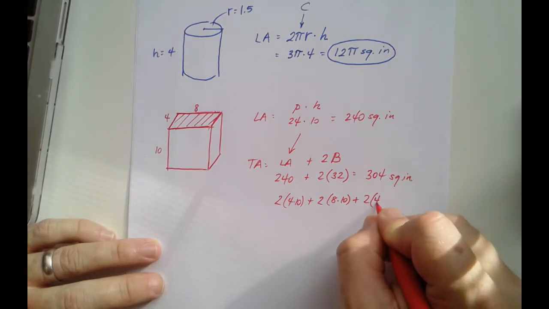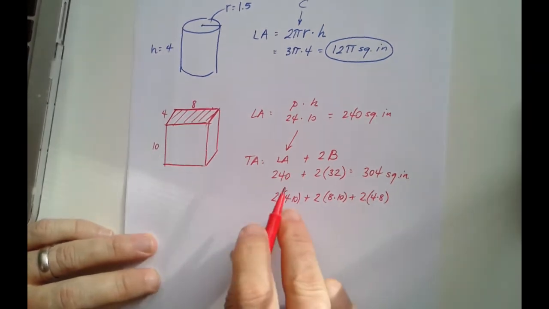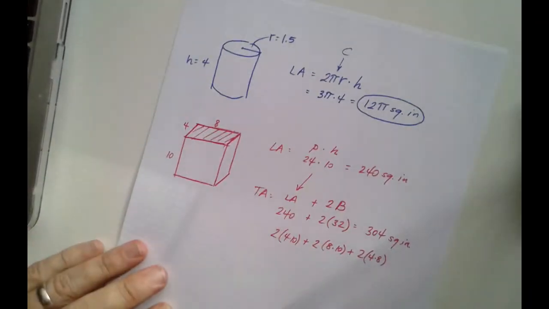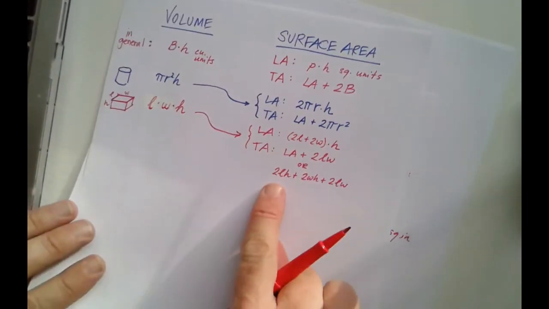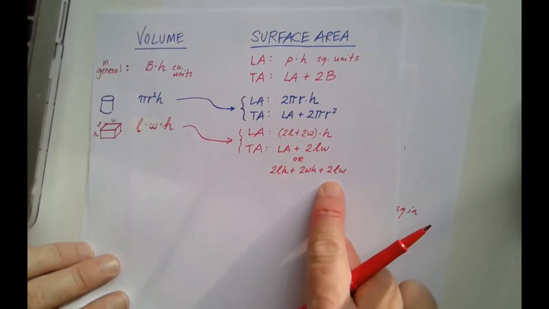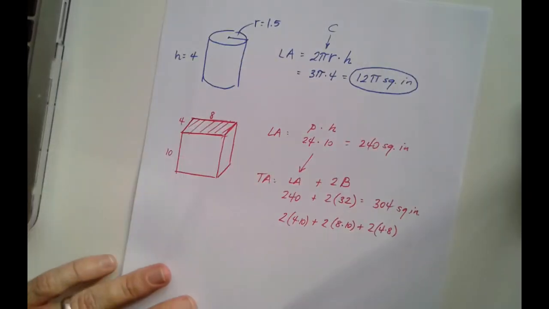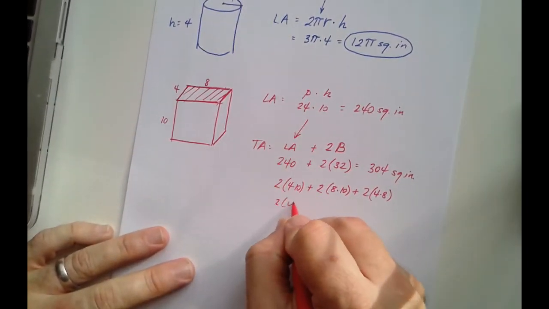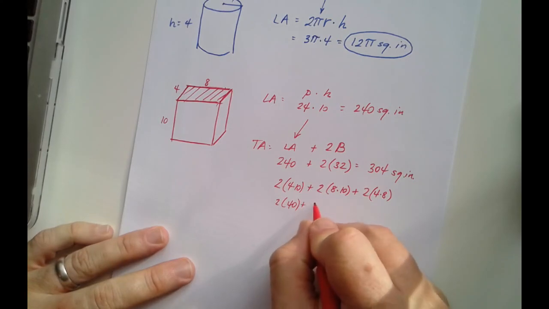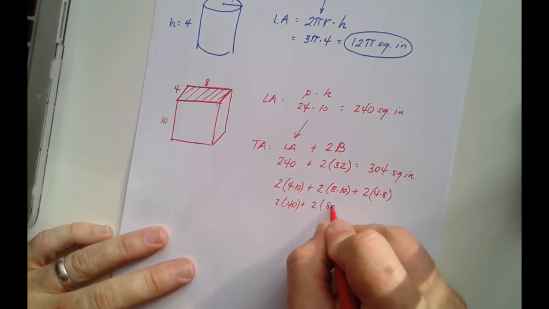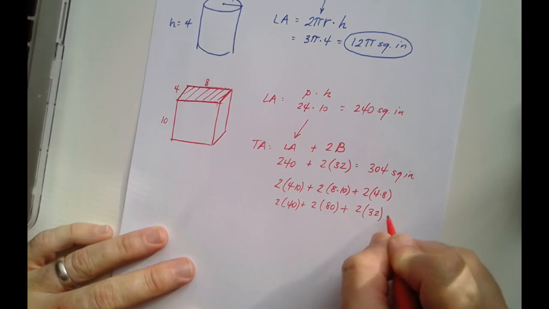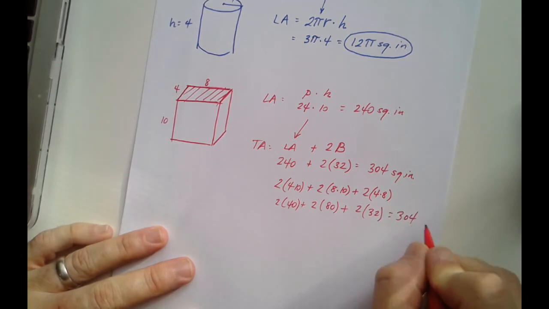I'm just showing you that you might use this formula. So if you plug that in, we should get the same answer. 2 40s plus 2 80s plus 2 32s give us 304 square inches.